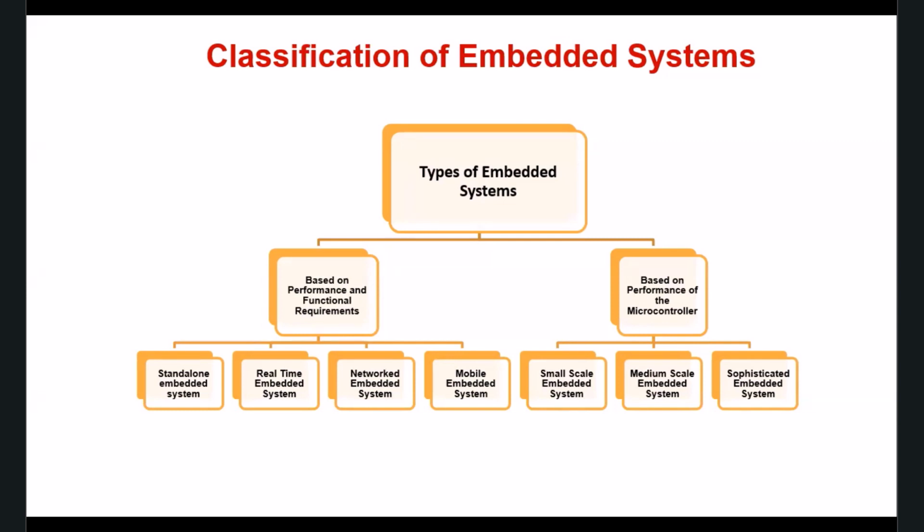The third type of the embedded system is the networked embedded system. When we connect our devices through the internet, we need to use some network devices. Like you might be listening to my lecture on your mobile phone, and you are connected with the Wi-Fi at your home at this moment. Now, in this particular situation, that Wi-Fi router, you need to set up.